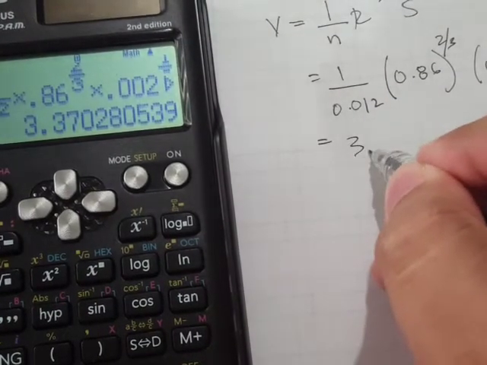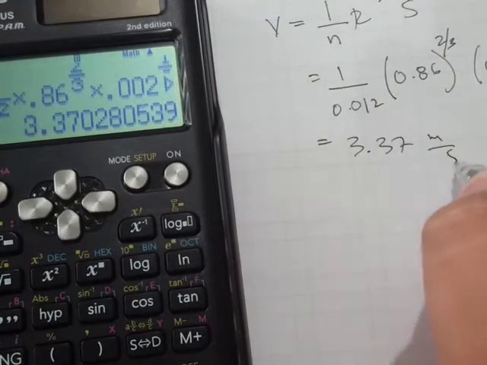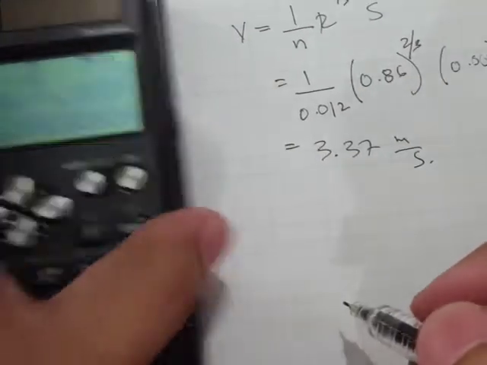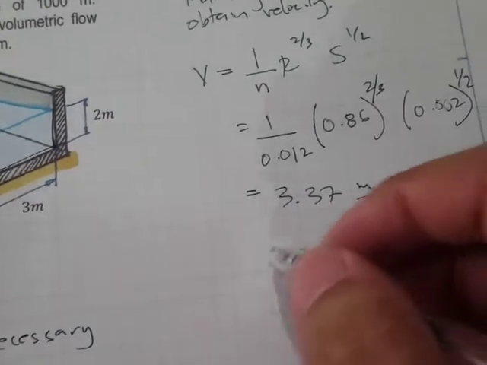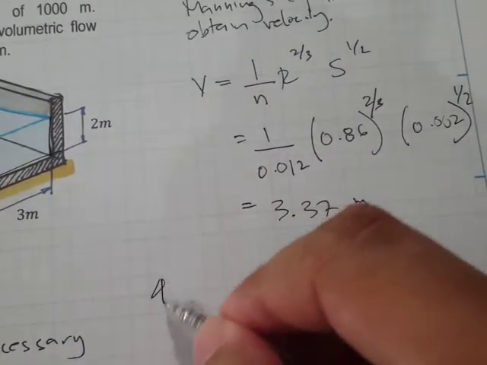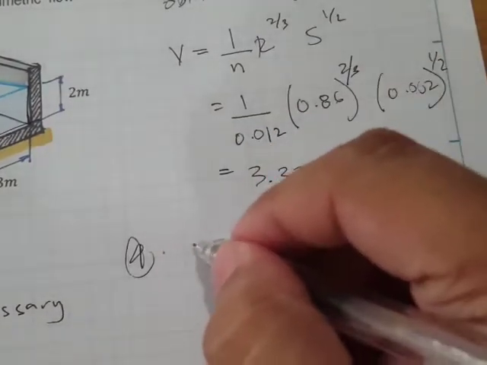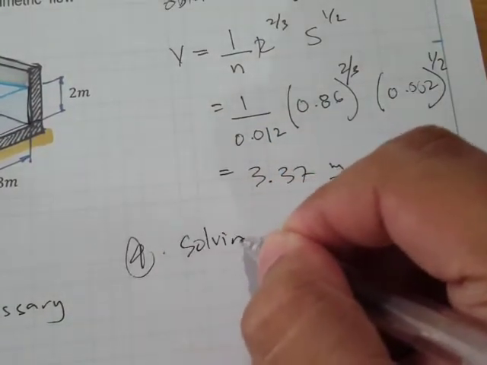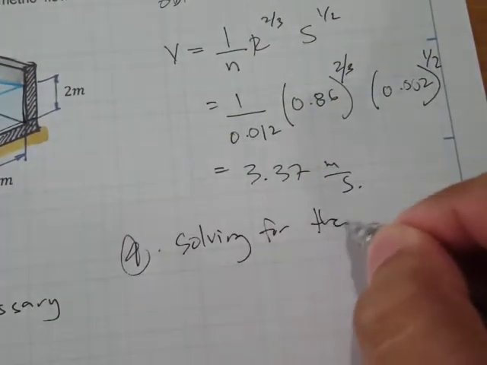This is 3.37 meters per second. Okay, so that's it. And since we have the V, and we also know the A, we can now solve for the flow rate.